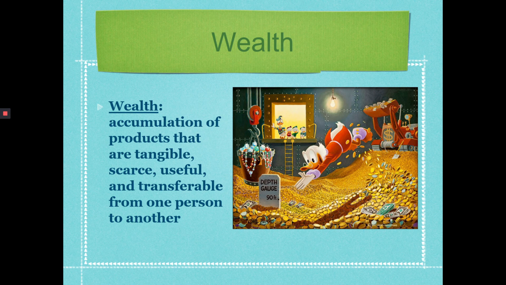Okay, so when you look at the wealth of a nation, we would assume, we call it GDP, or the gross domestic product, which we'll look at another time, but you may have heard that term in the news. That gross domestic product looks at the wealth of a nation. How well is our nation doing in that particular year?